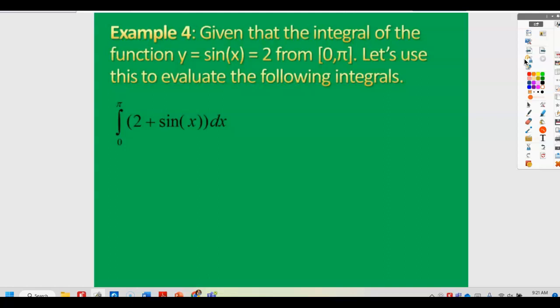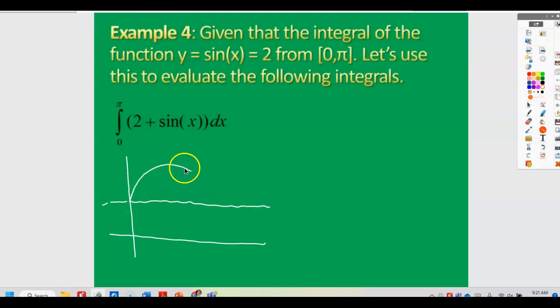However, what happened to my graph? It's shifted up 2 units. So now my sine curve lives here.